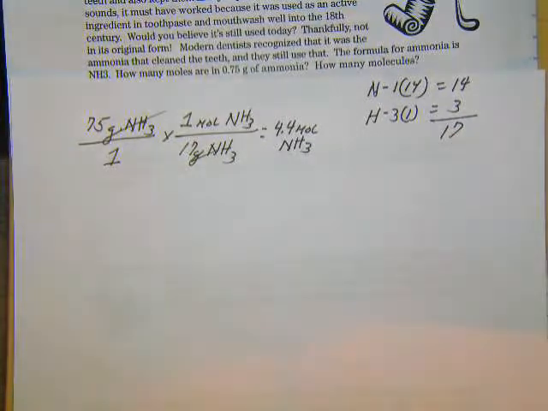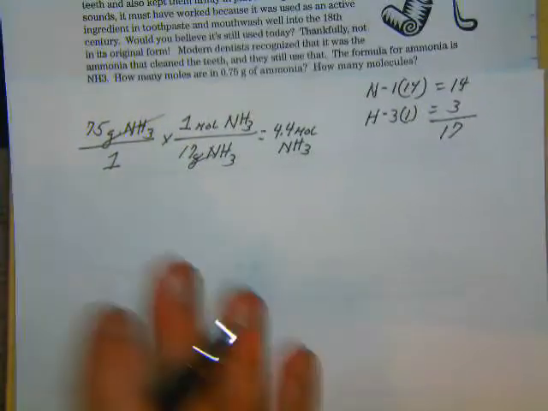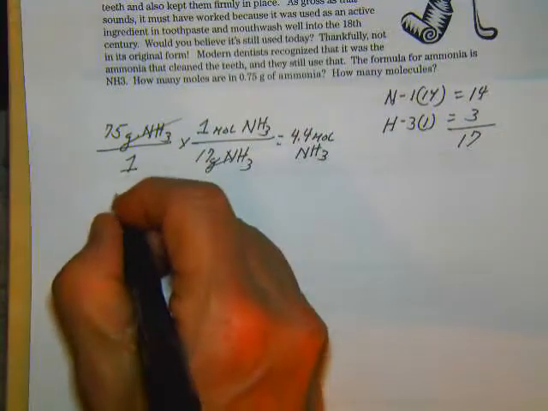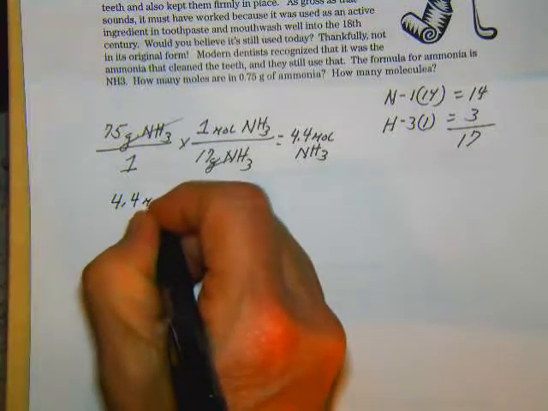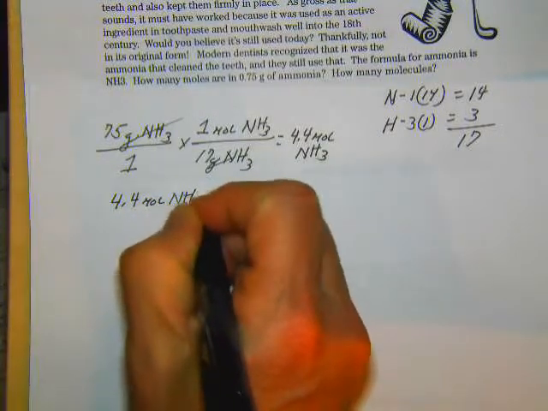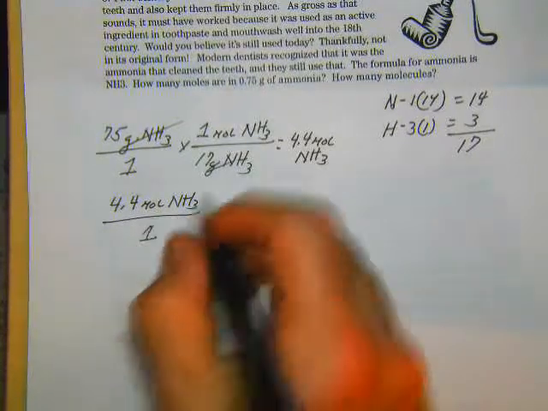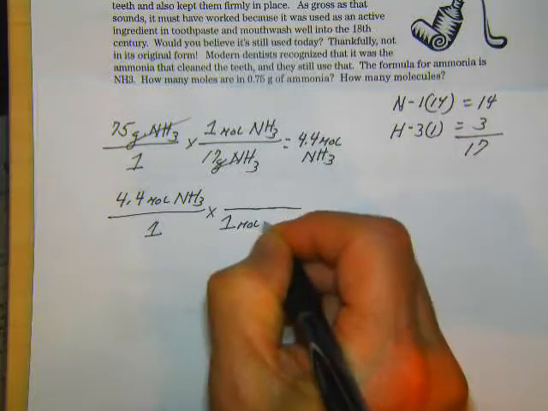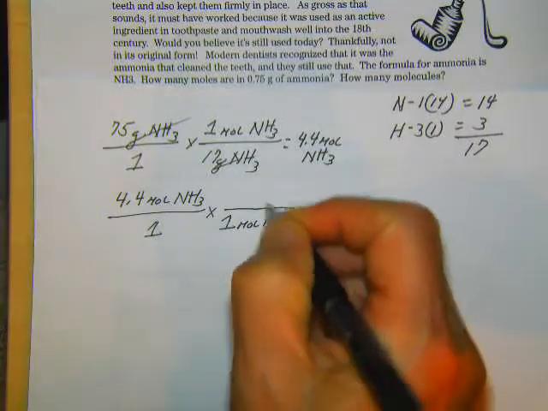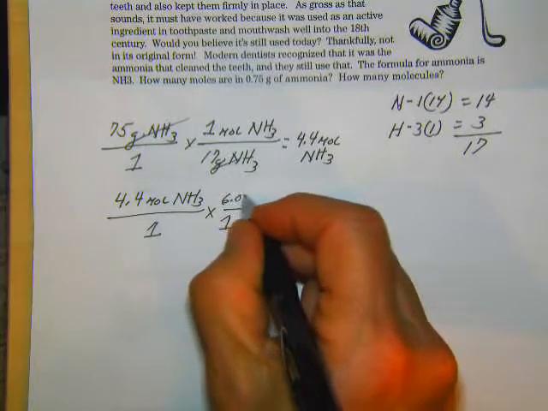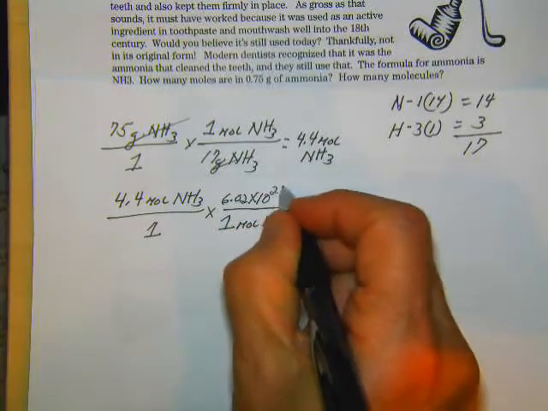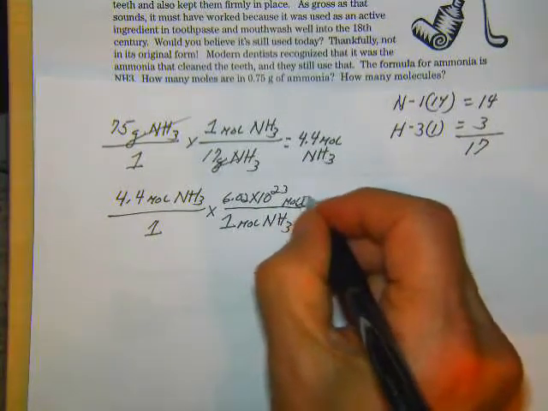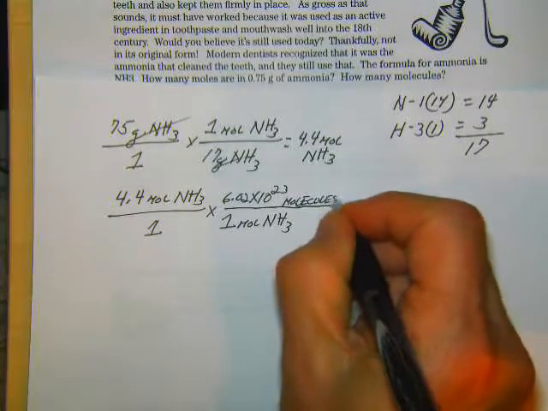The next question with this particular problem asks how many molecules? Well, now we're going to start using Avogadro's number. We've got 4.4 moles of NH3, and we know 1 mole of NH3 is 6.02 times 10 to the 23rd molecules of NH3.